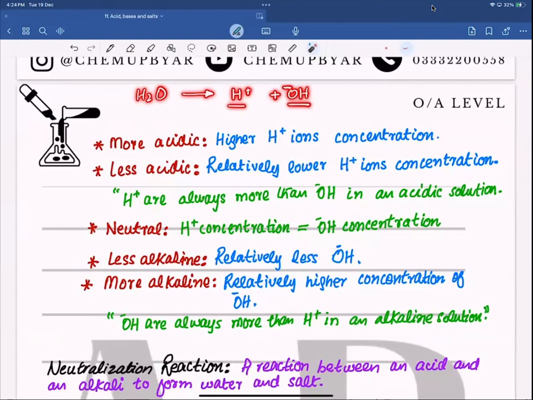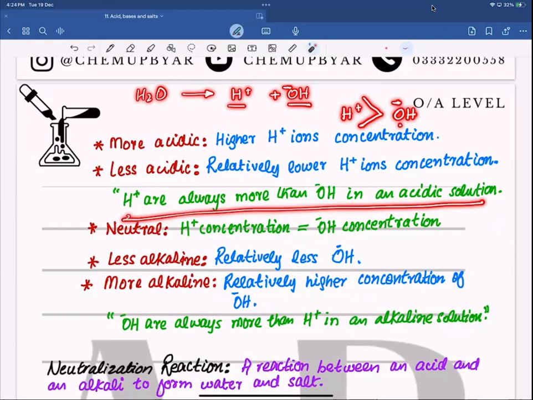But for any solution, when the concentration of hydrogen ions is greater than the concentration of hydroxide ions, please focus here. If the condition is this, then that is an acidic solution.